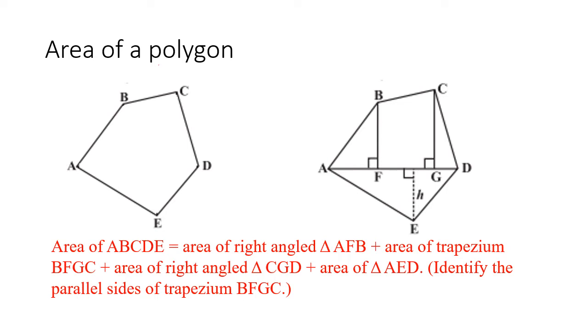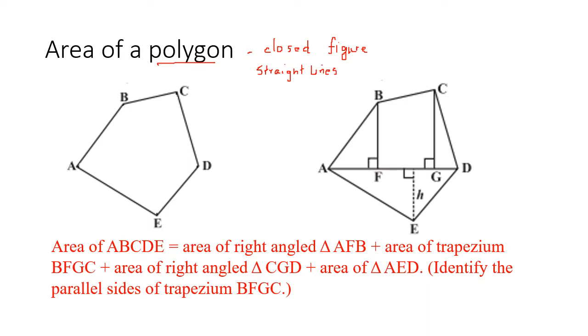Now, a polygon is a closed figure made up of straight lines. If it is made up of three lines, we call it a triangle.